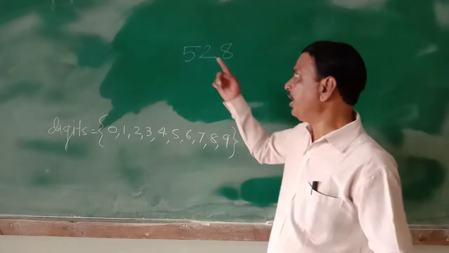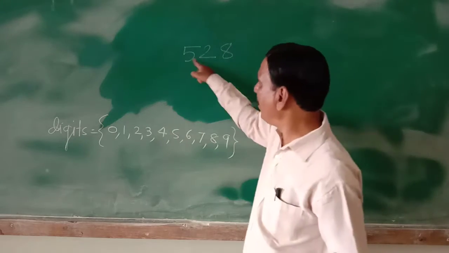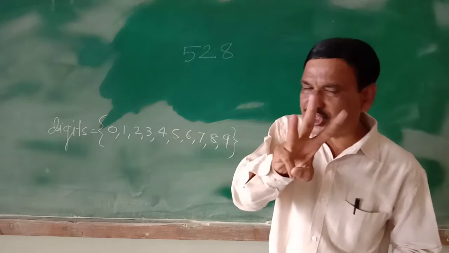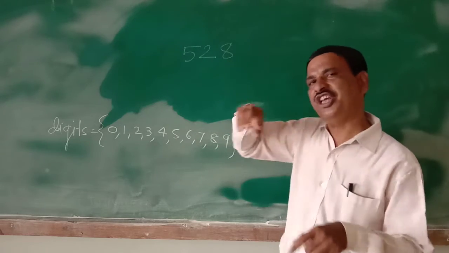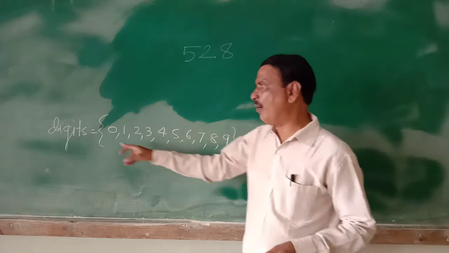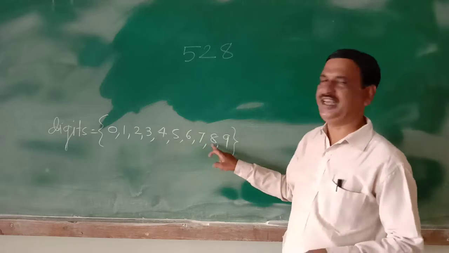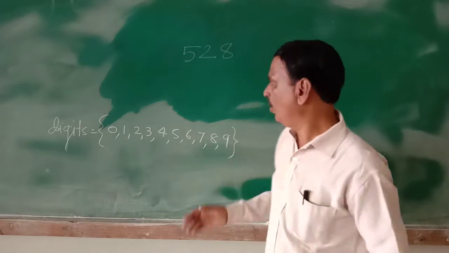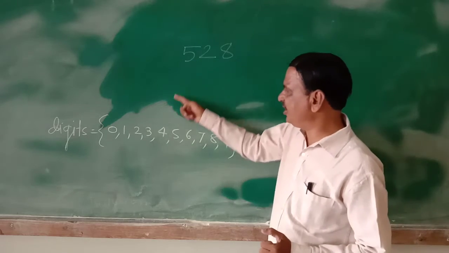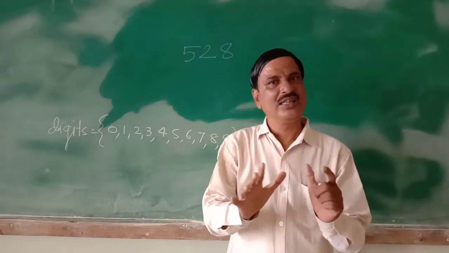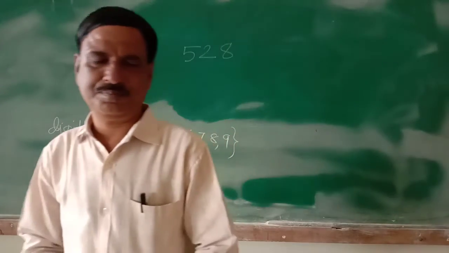Because it is made up of 3 digits, 5, 2, 8, and all these 3 digits are coming from the decimal digit set. Thus it is a decimal number.